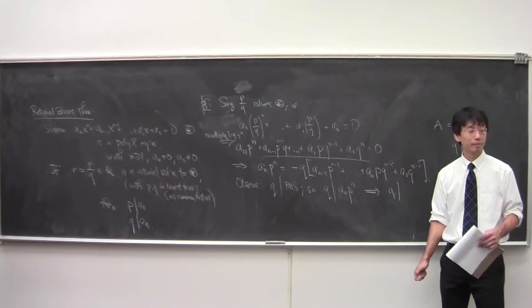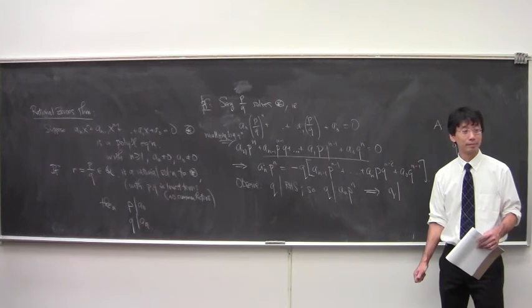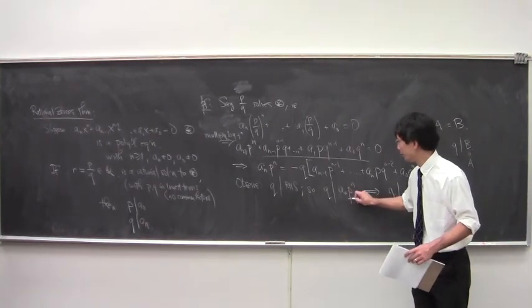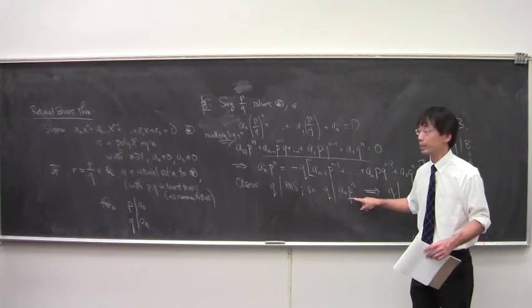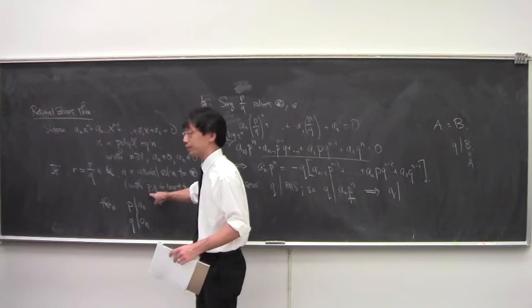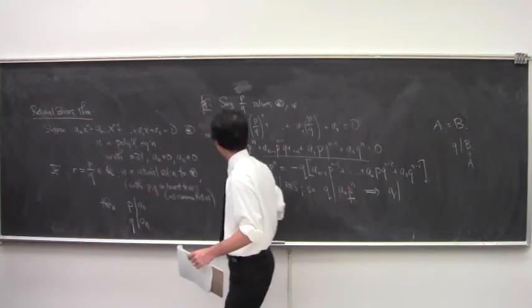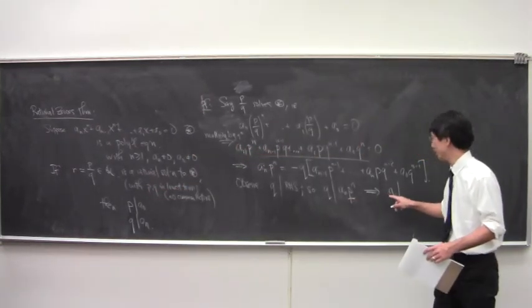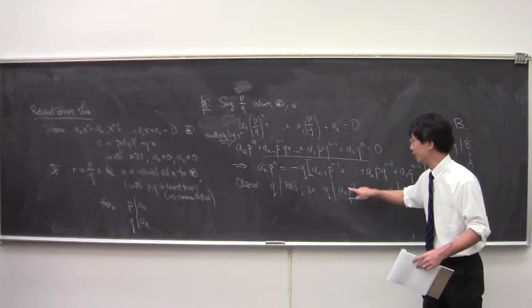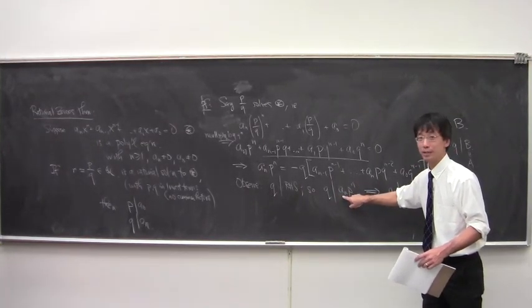Since you said that p and q have no common factors, q must divide a sub n. Exactly. So q has no common factors with p to the n, because q has no common factors with p. And so if q divides a product and doesn't divide one factor, then it must divide the other.